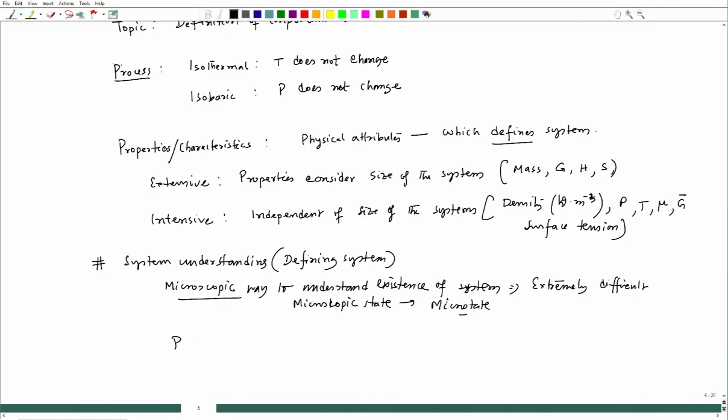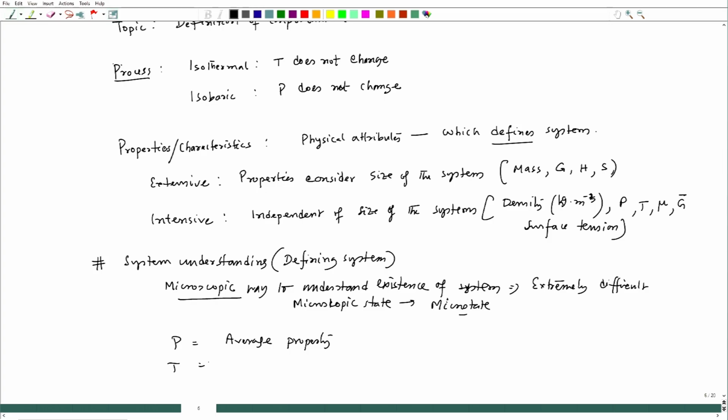We simply say this is the load per unit area over the wall. That gives me the information of pressure. So, pressure is basically an average property.